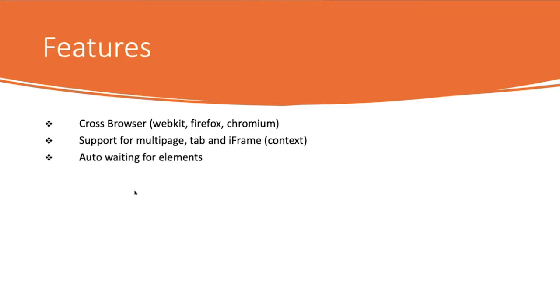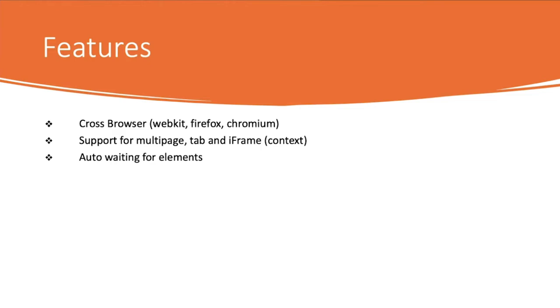Auto waiting. So if any of you are automation testers, you would probably have felt the pain of having to wait for elements to appear on a page. And there's obviously hundreds of articles around how to make your tests less flaky and what waiting strategy you should use. There's lots of different options. The great thing about a tool like Playwright is you don't have to worry about any of them.